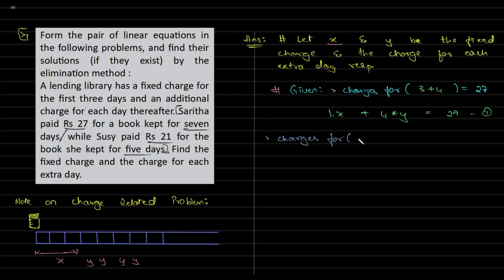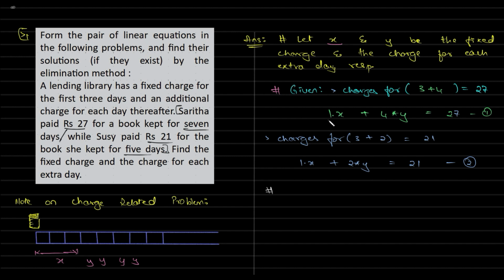I'll write this as 3 plus 2, and this is 21. So this will be 1x plus 2y equals 21. That's my equation 2.